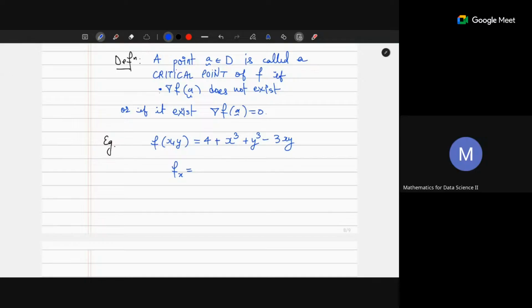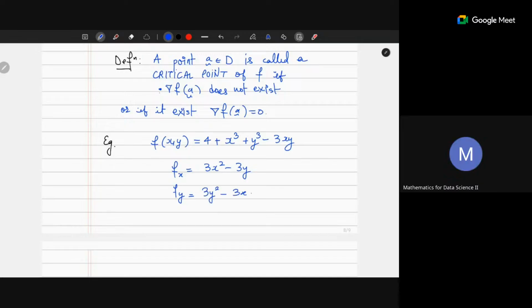So how do I find that? First, I need to calculate the partial derivatives, in particular the gradient of this function. So fx, what is fx? Anyone? It's just 3x squared minus 3y. Right. And what is fy? It's 3y squared minus 3x.